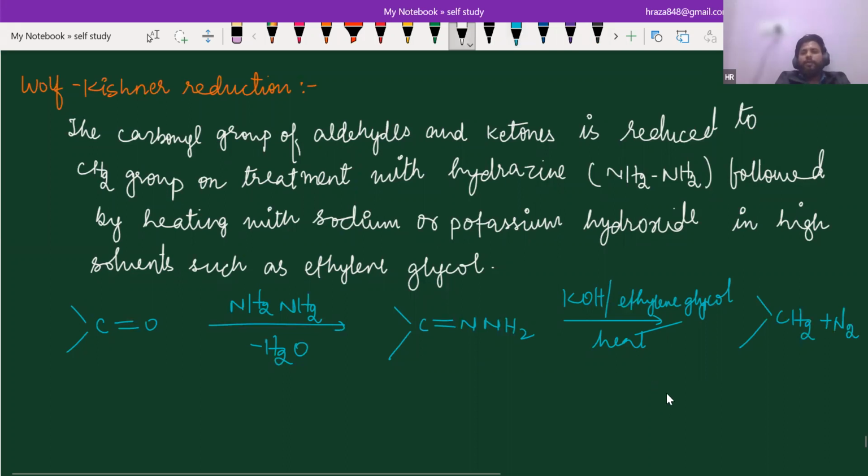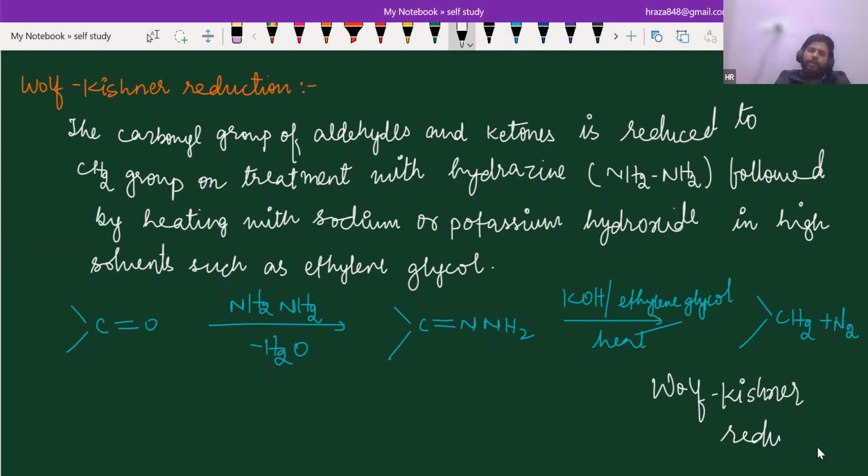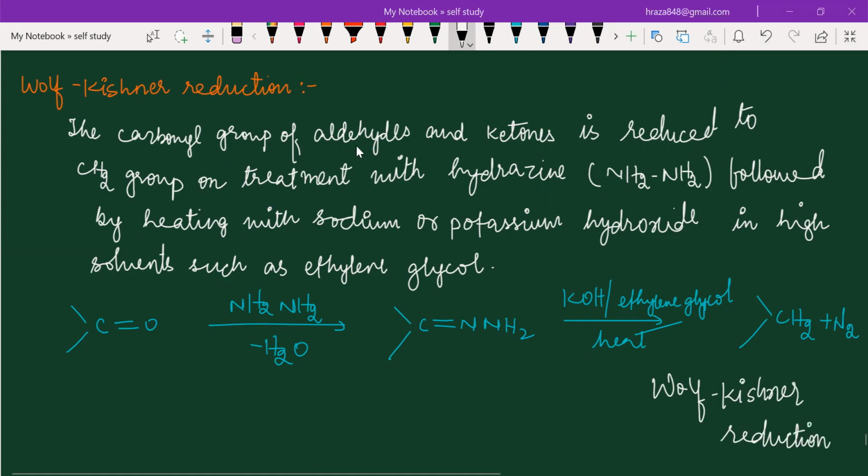And this reaction is known as Wolff-Kishner reduction. Please do write. Sir, is that C double bond NNH2? Yeah.